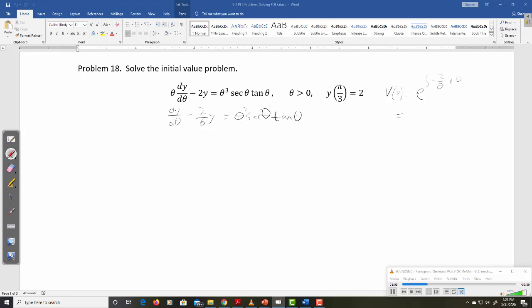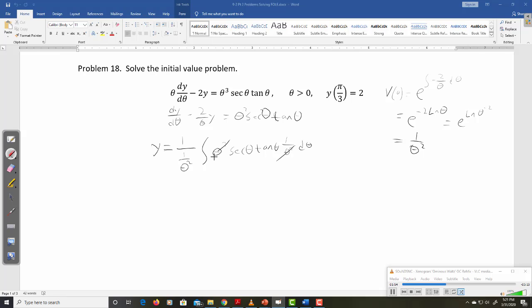So that's e to the negative 2 ln of theta. Take the 2 up into the exponent, that's e to the ln of theta to the negative 2. So that's 1 over theta squared. Our y of theta is 1 over theta squared, so just theta squared, times the integral of all of this stuff, theta squared secant theta tangent theta, times v, so that would be 1 over theta squared d theta.